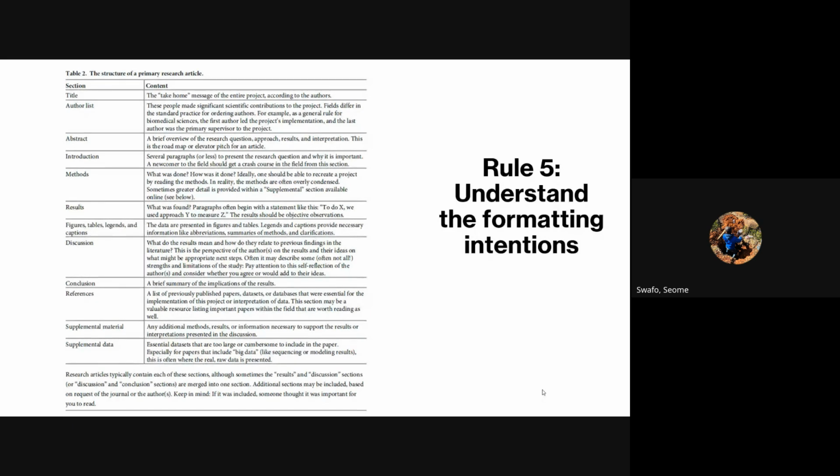You read an article, but you don't even know the structure of the article. On the introduction, remember the introduction helps you present the questions, and why those questions are important to follow through with. So as you are reading research articles, these are the key things that should be with you, so that you understand and summarize research articles better.